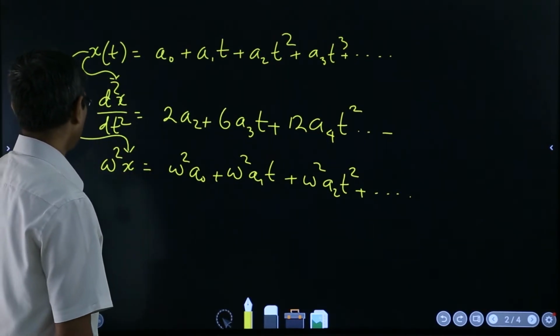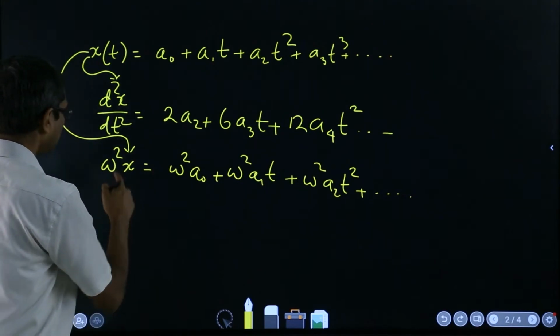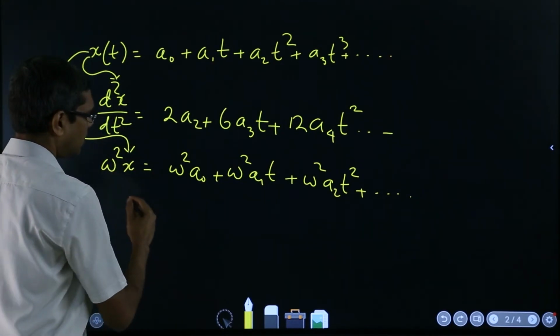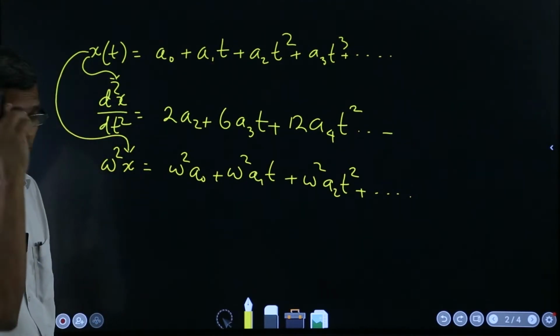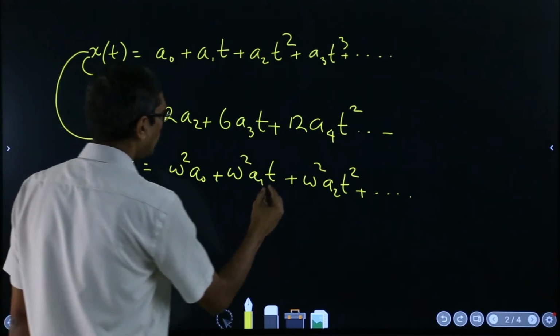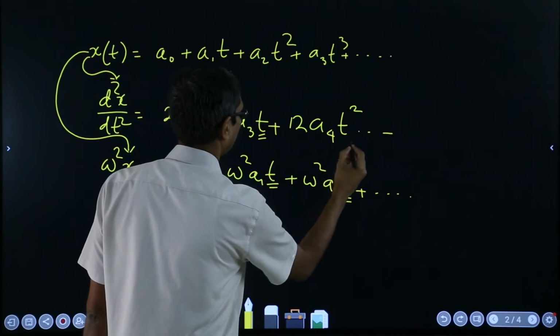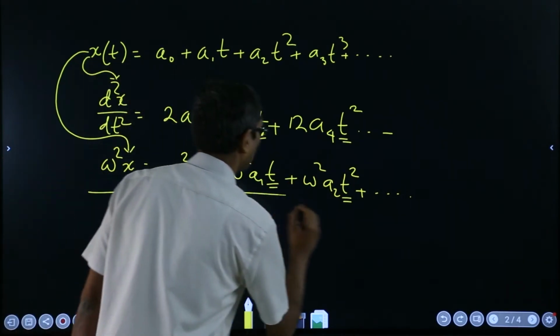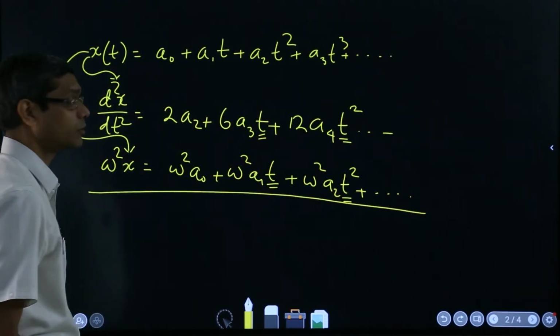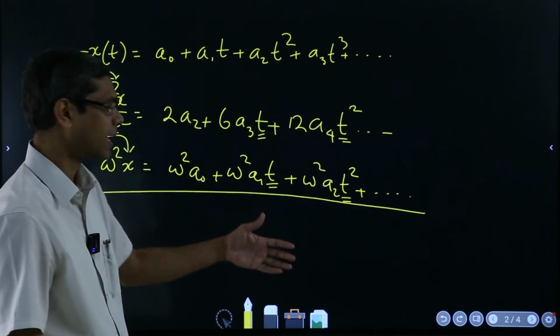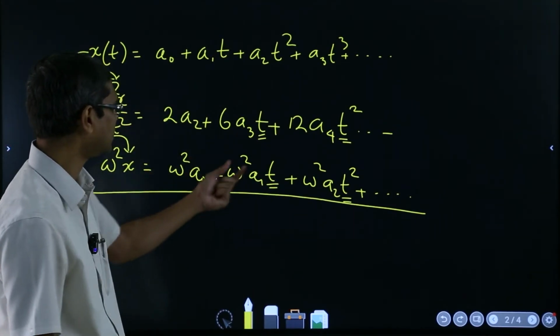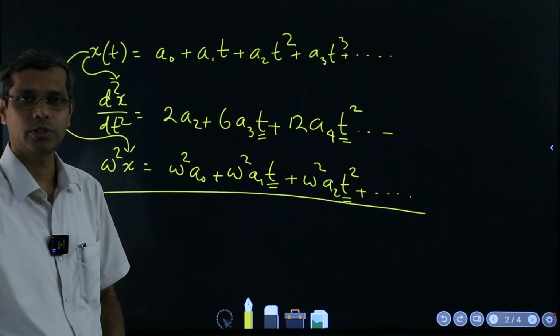Now the differential equation says that this plus this is 0, and for all time to come, that has to be satisfied. So if I sum them up, that whole thing has to be 0, which means term by term every coefficient has to be 0.